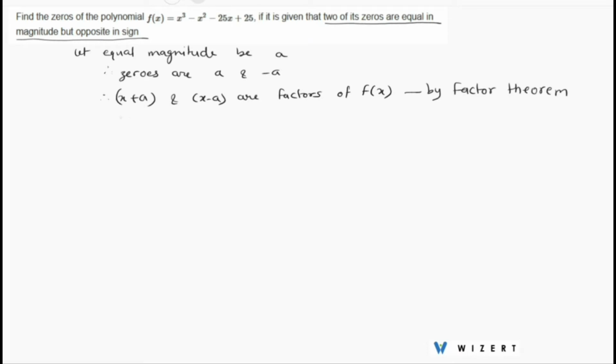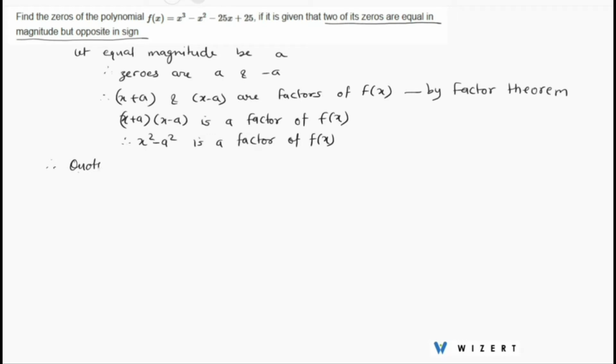So what we can say is that x plus a multiplied by x minus a is a factor of f(x). Therefore, x square minus a square is a factor of f(x). So from this factor we can perform a division.